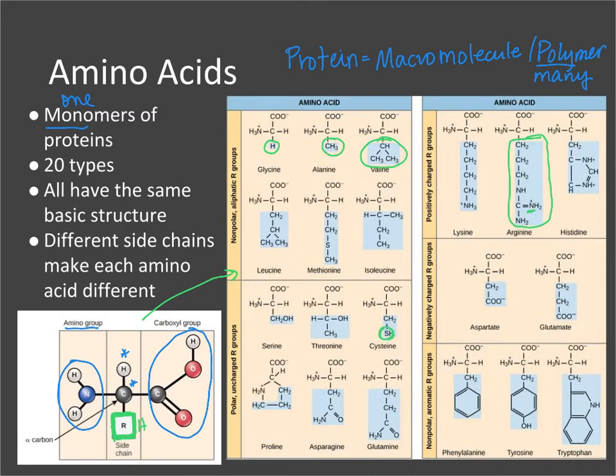Sometimes these chains form rings. So this R side group is just a placeholder for all these different possible combinations. And all of these different combinations allow these amino acids to interact with each other in a way that ends up giving the protein a 3-dimensional shape, which we'll talk about more on a later slide.